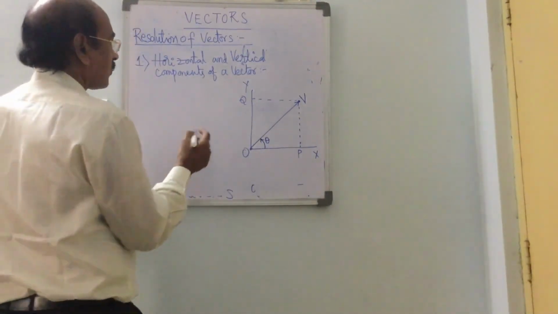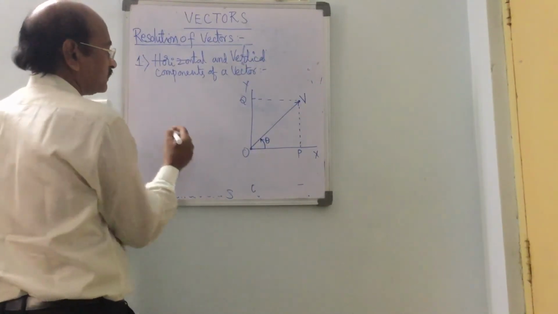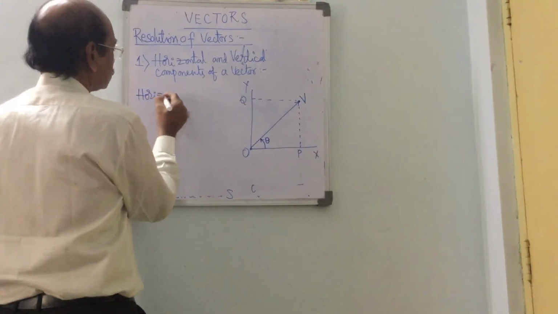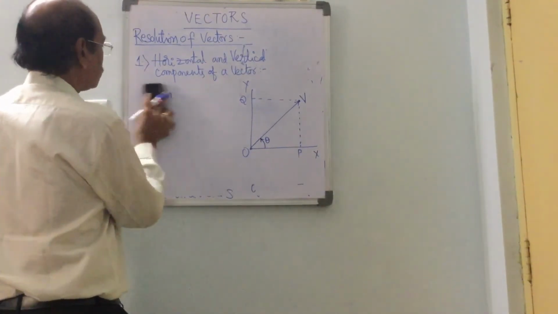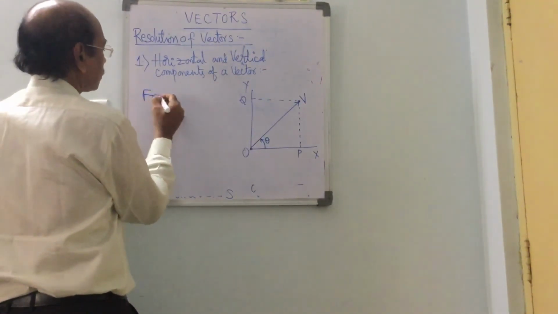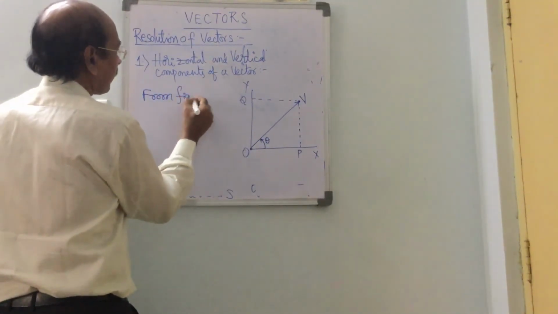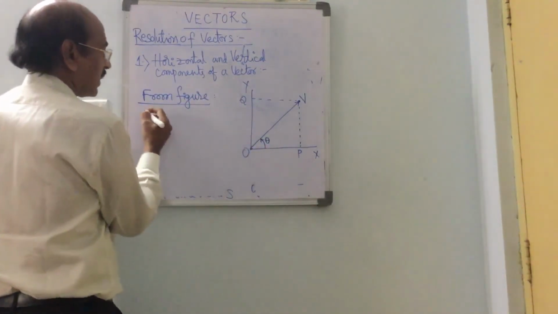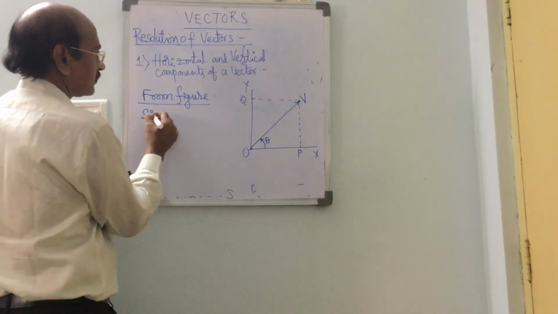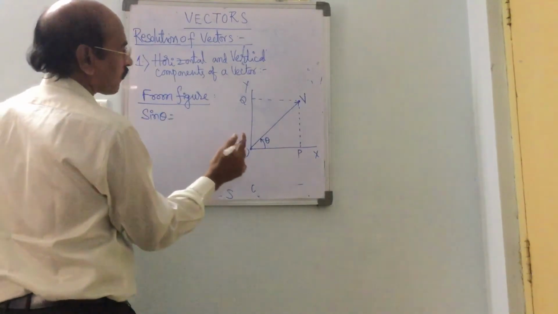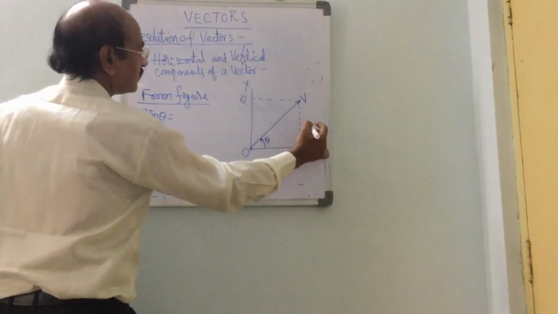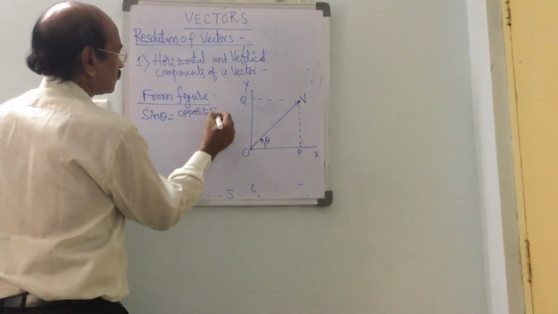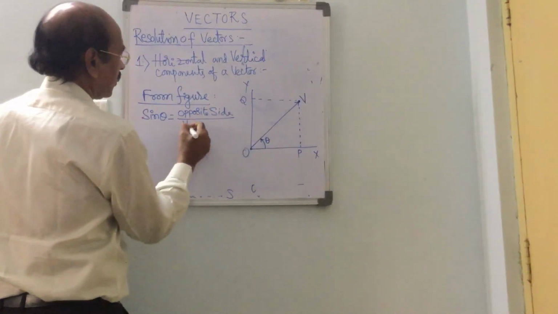Then horizontal component of velocity, from figure, sin theta is equal to opposite side by hypotenuse.